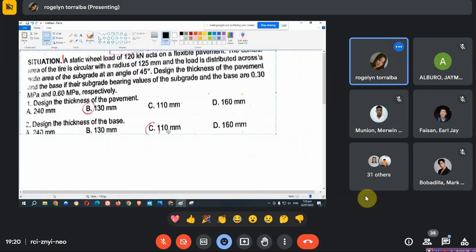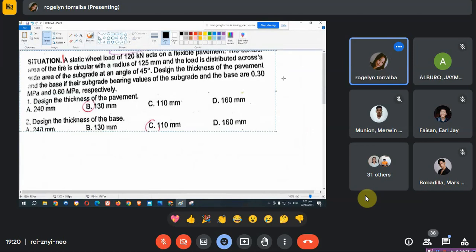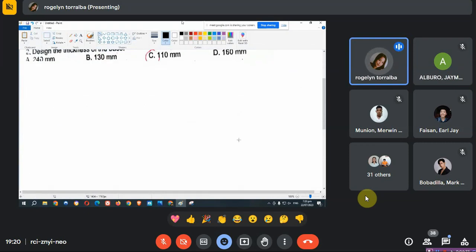Okay. Let's solve this one. First, let us draw. This is the side view of the pavement, right? This is the side view of our road. Basically, we have three layers: the subgrade or subbase, the base, and the PCCP or the pavement.